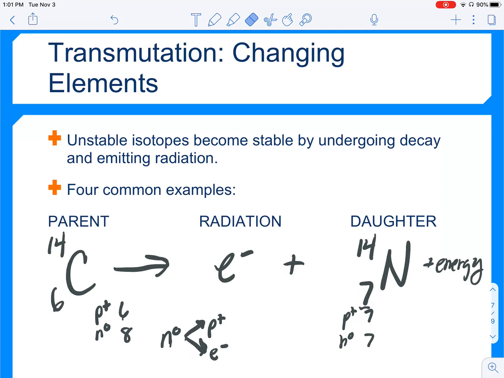And that emitted electron, as part of the transmutation of a neutron into a proton and an electron, is called a beta particle. The kind of cursive-looking B, the Greek letter beta, and so this would be what's called beta decay.